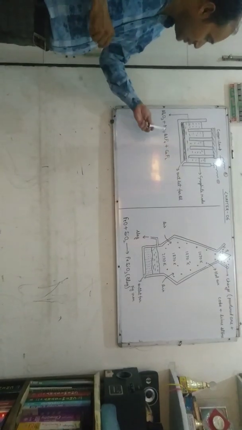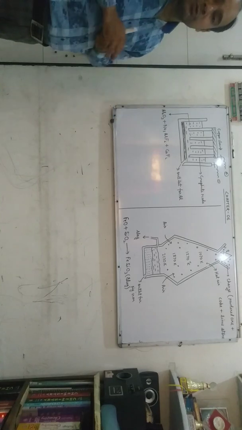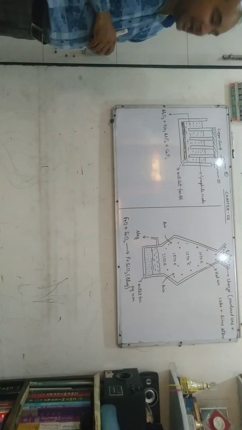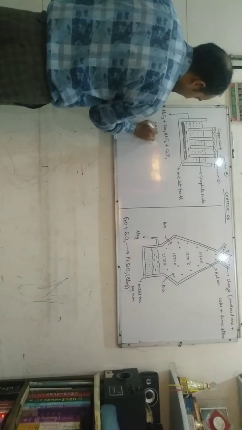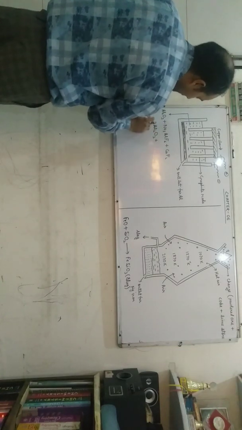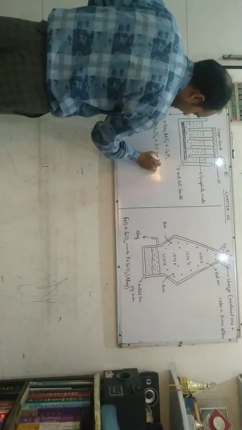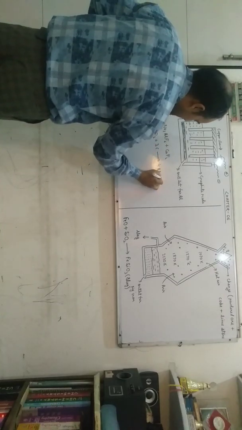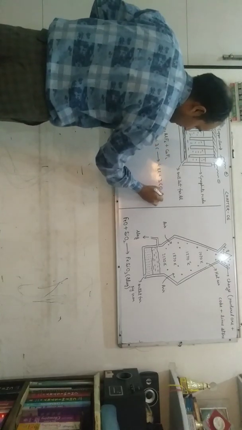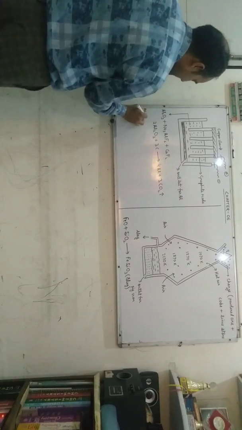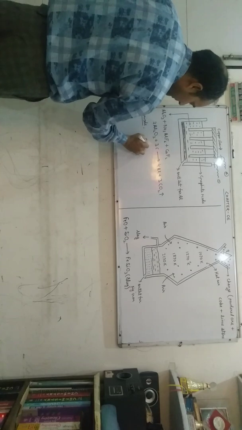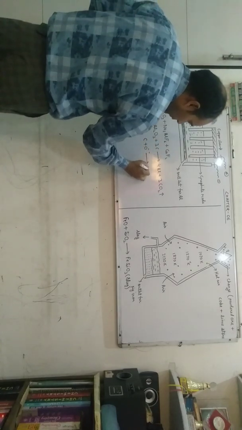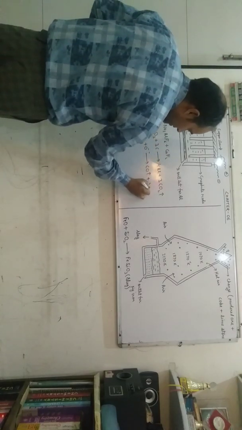The importance of adding cryolite and fluorspar is to reduce the melting point of alumina and bring electrical conductivity. The overall reaction taking place in this setup is 2Al2O3 plus 3C gives 4Al plus 3CO2. At anode, carbon combines with O2- to form carbon monoxide plus 2 electrons.